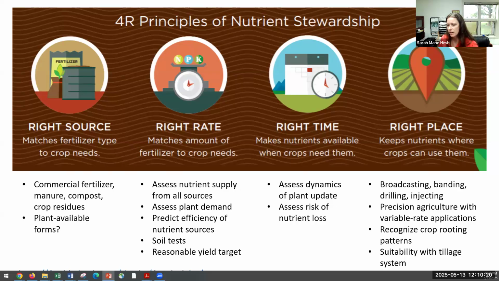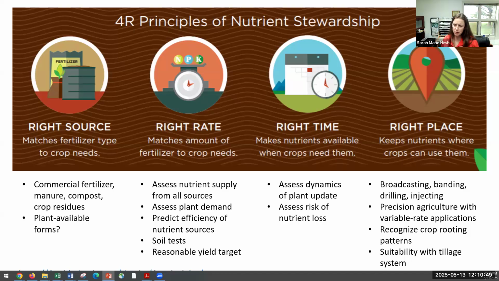Of course, we want to do soil tests, although that one doesn't really apply as much to nitrogen because nitrogen is so variable. Unless you pay extra money to get a complete nutrient analysis, your basic soil test is not even going to tell you how much nitrogen is in your system because it shifts so quickly and so much.